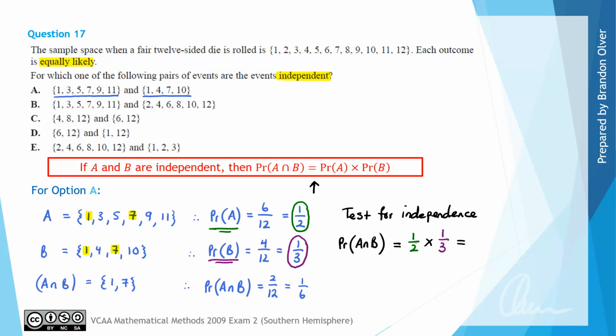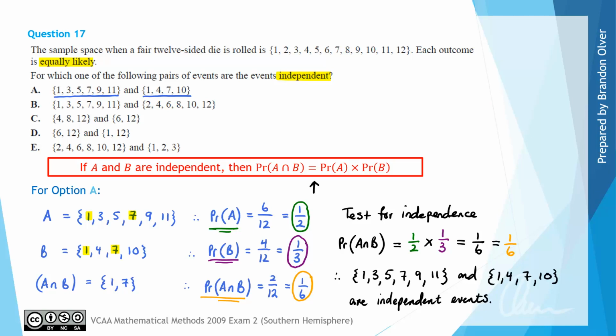And multiplying those two things together, we have 1/2 times 1/3, which will give 1 on 6. And then we need to check if that's equal to the actual probability of A intersecting B, which is 1/6. So because that is true, we can conclude that those two sets are independent. So that means that option A is the correct answer for question 17.